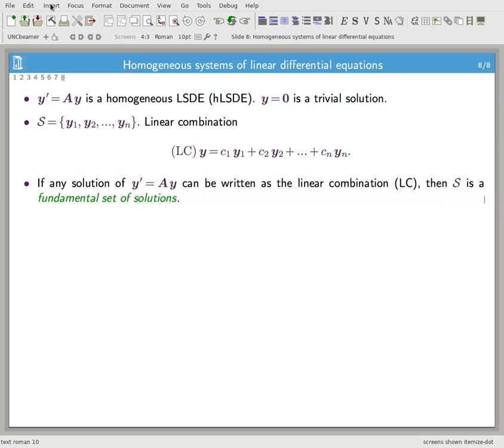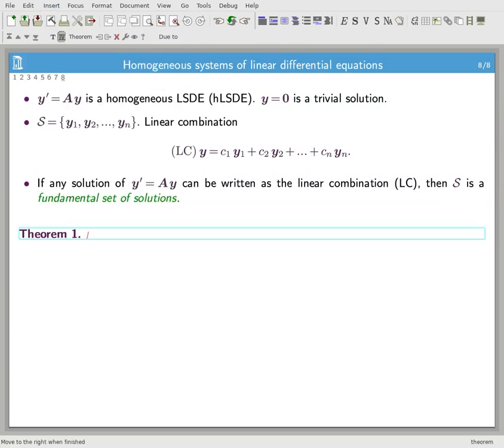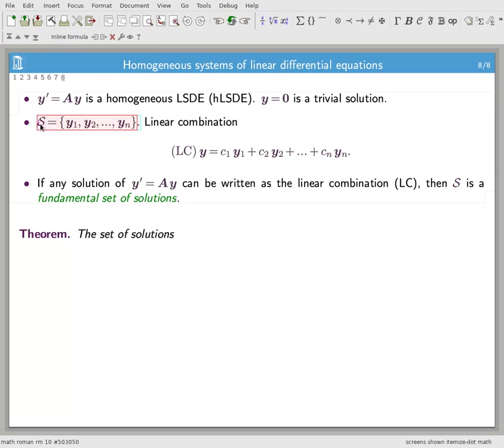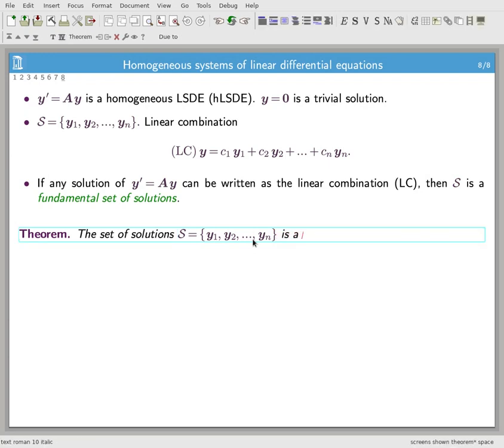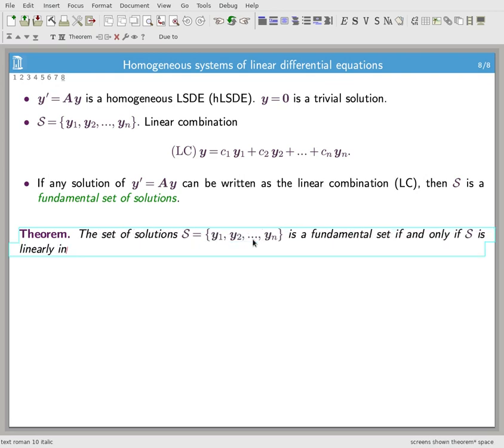that tells us the following, namely that this set of solutions S with these n members is a fundamental set of solutions if and only if S is linearly independent.